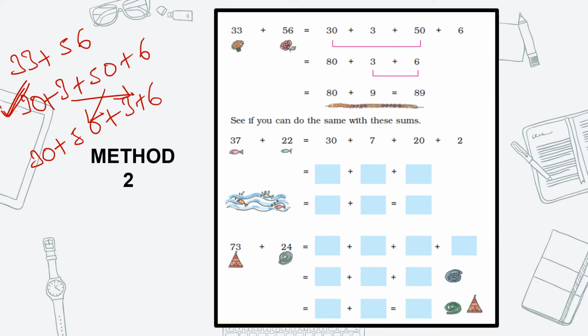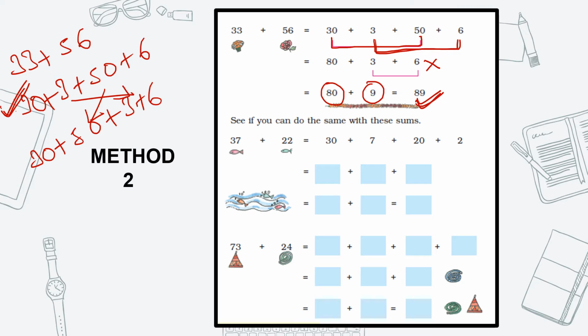For example, we divide 33 into 30 and 3, and 56 into 50 and 6. Now group 30 and 50, and group 3 and 6. Okay, we can avoid this step. So directly we have 30 plus 50 as 80 and 3 plus 6 as 9. So we get 89 over here.